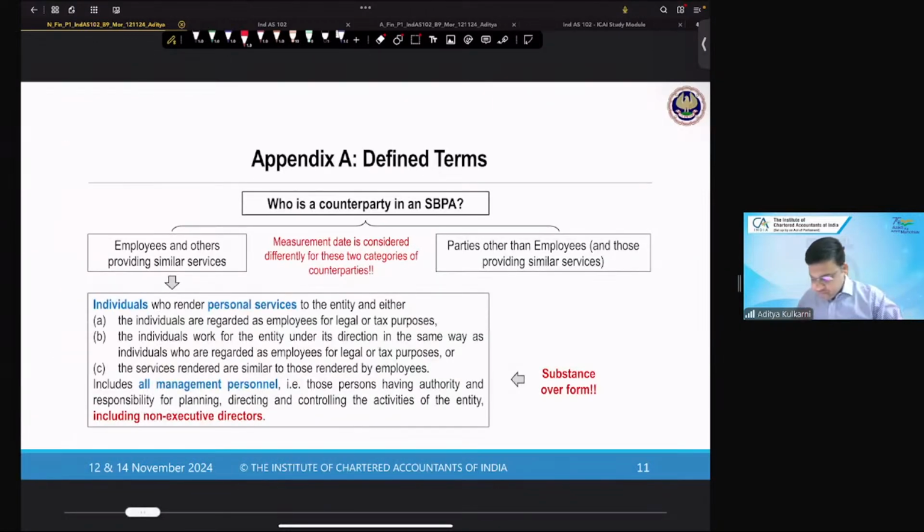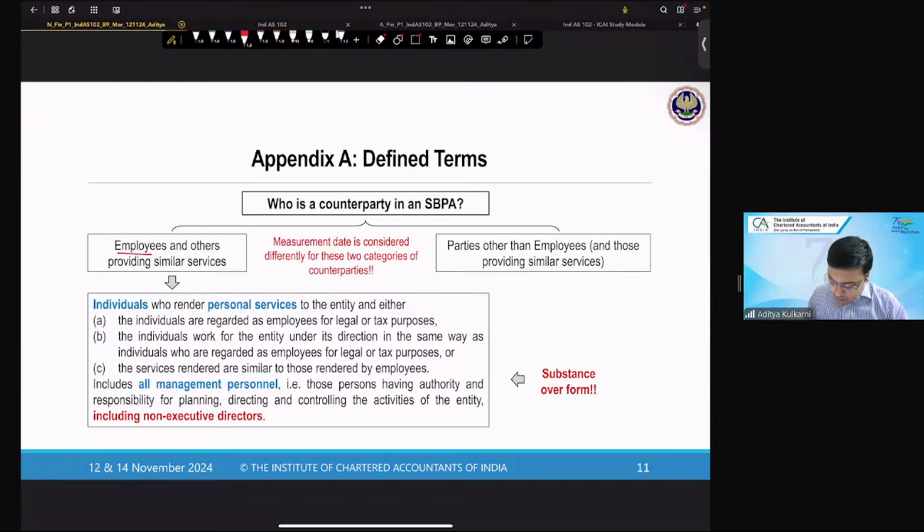Now, the question was: in the share-based payment arrangement, we saw party one dealt with the entity or the group entity. Party two was the counterparty. So the definition comes, who is a counterparty? Counterparty is divided into two categories.